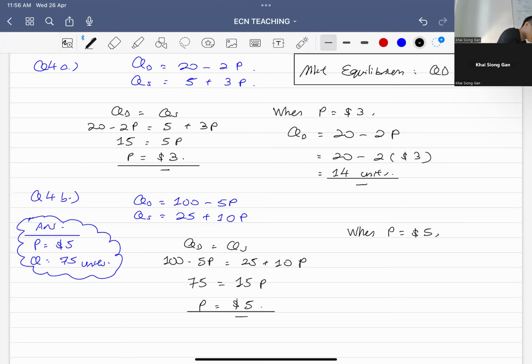Let's say I want to use the quantity supply equation. Any of the equations will give you the same answers. Correct answers.